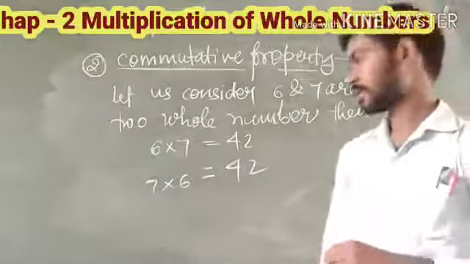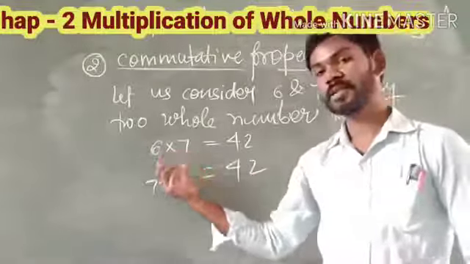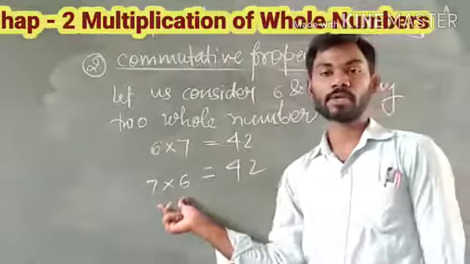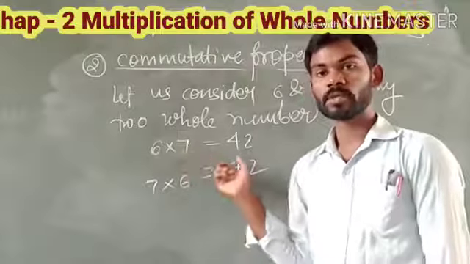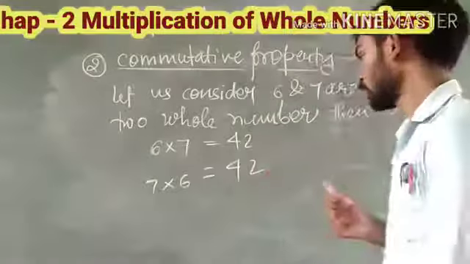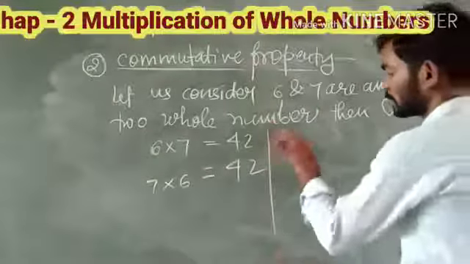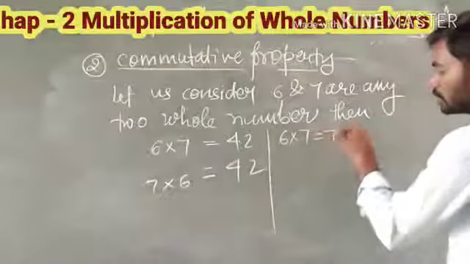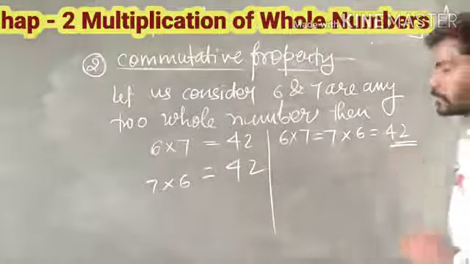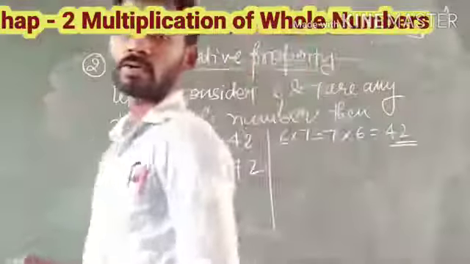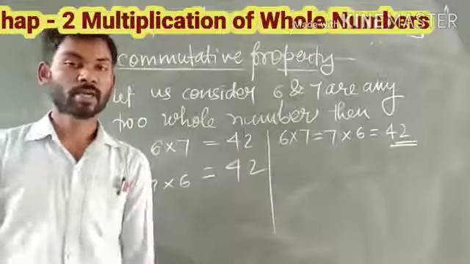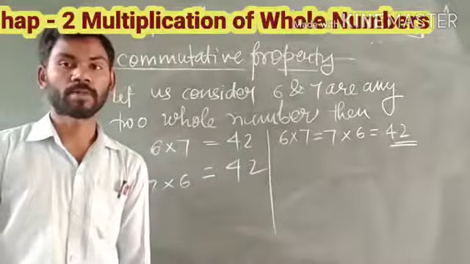So in both cases, in the initial case and in the second, when we interchange the order of the digits, we have the same answer, that is the same product. So we can say that 6 multiplied by 7 is equal to 7 multiplied by 6 is equal to 42, which means that the commutative property under the operation of multiplication is satisfied by the whole number.